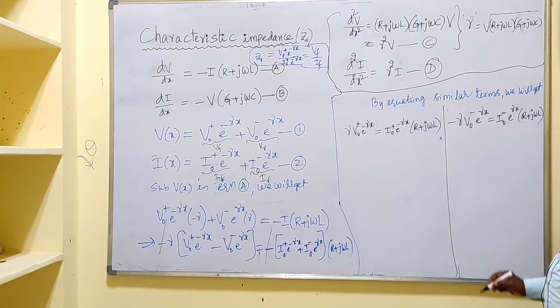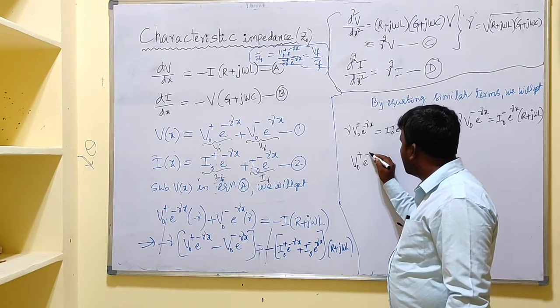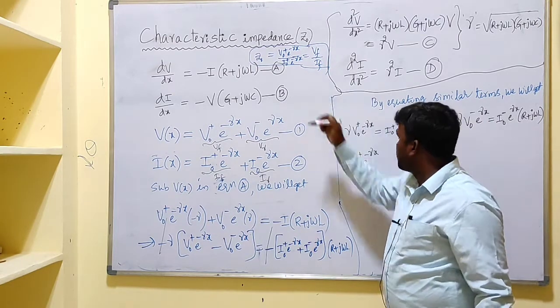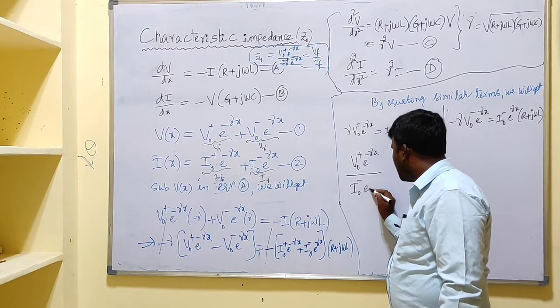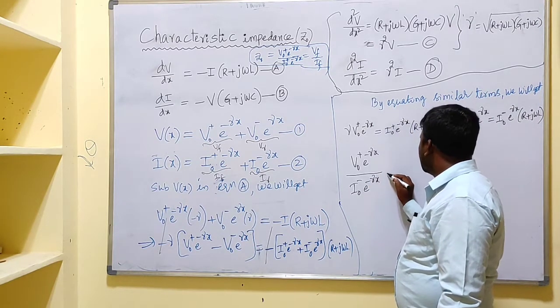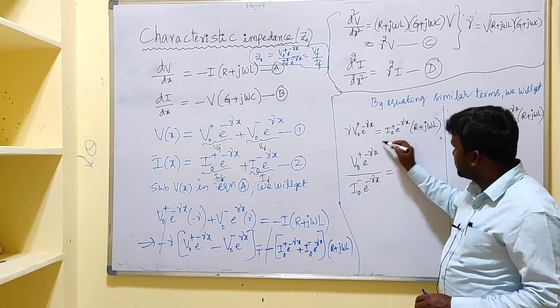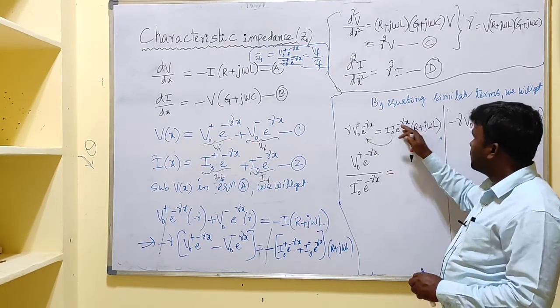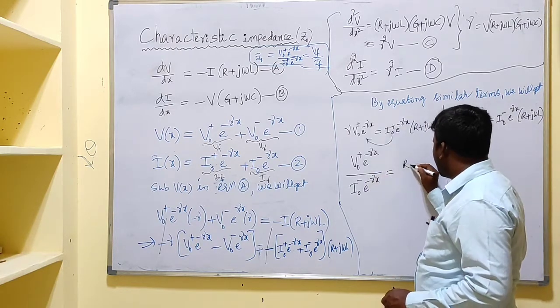Now let us simplify this one. Basically we require the ratio of the forward voltage to the forward current, that is V naught plus e to the power minus gamma x by I naught plus e to the power minus gamma x equals what? We need to send this term to this side, and the remaining is R plus j omega L.